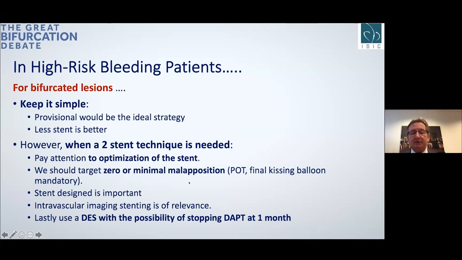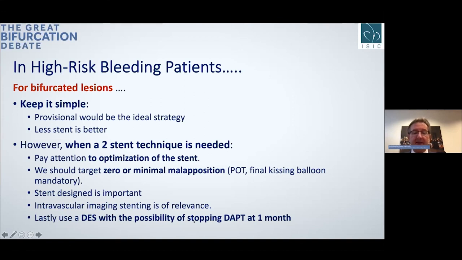We should really try to get a perfect result with only minimal malapposition. This is, I think, the crucial, most important point, not only in this case, but in general. And of course, stent design plays a role. Imaging, as shown here in this case, is very crucial to demonstrate the result is perfect, no malapposition, etc.